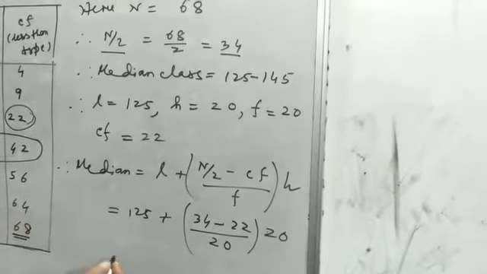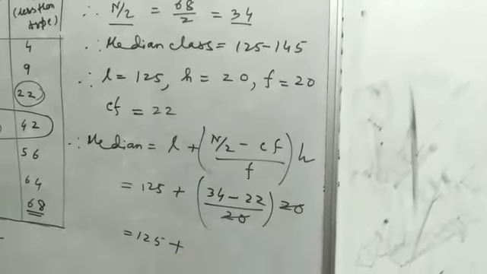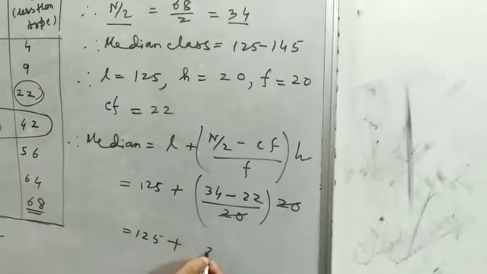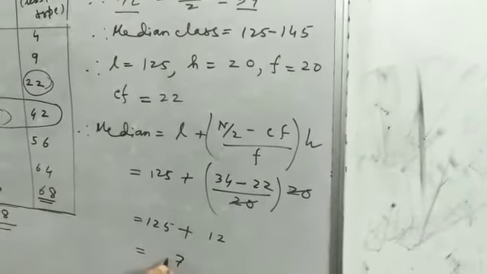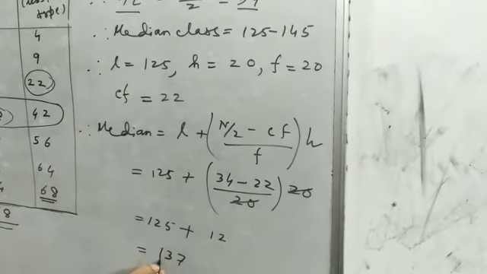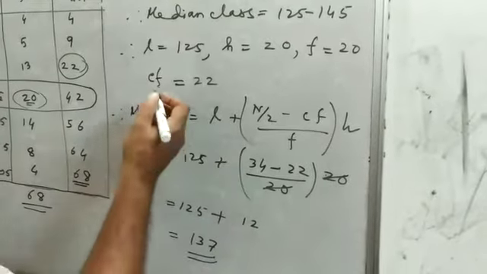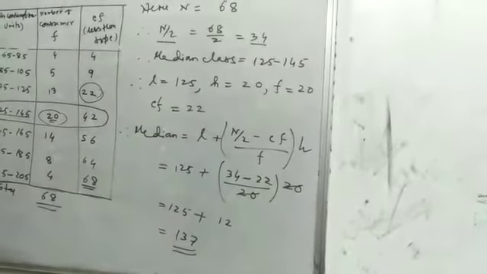So we put these values: 125 plus, and this 20 and 20 can cancel. So it is 12 by 1, so it is 12. So 137. 137 is the answer. Median is 137.